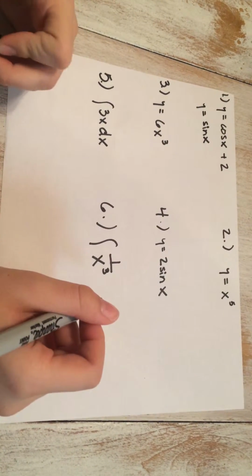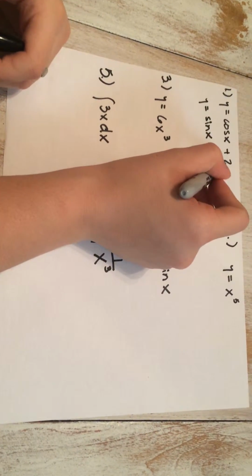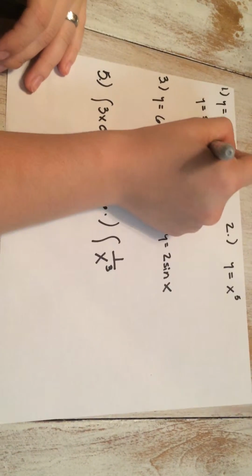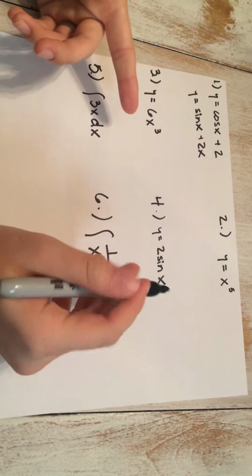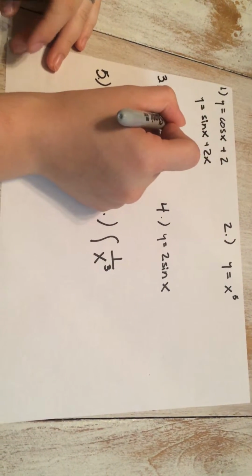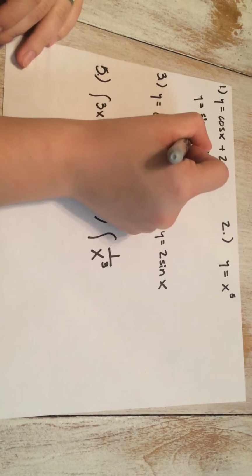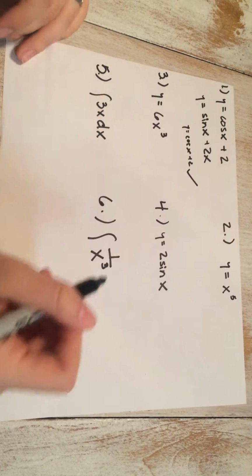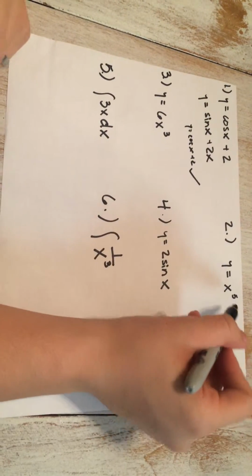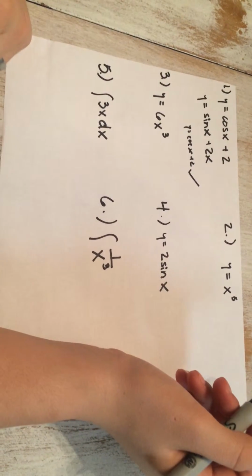Now for 2, if this was the derivative of a function, it would just be 2x. And if you think about it, to check your answer, you can work down. If you took the derivative of sine, that's just cosine, and 2x is just 2. So you can check.